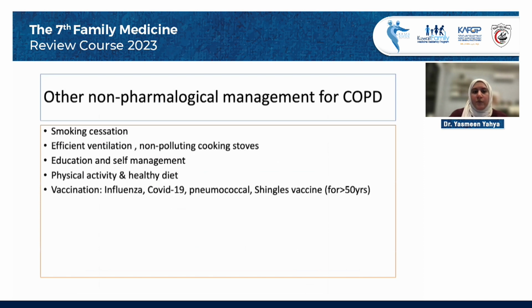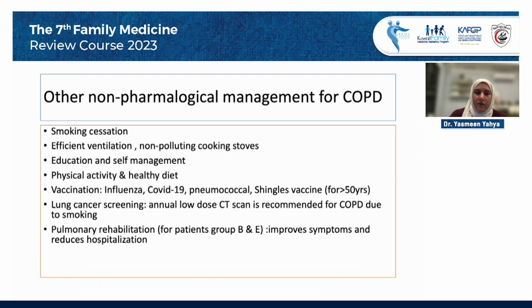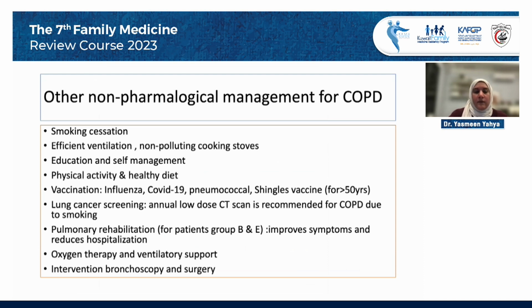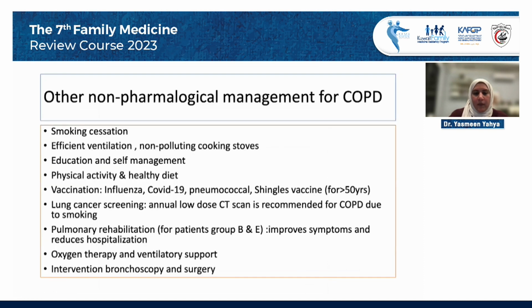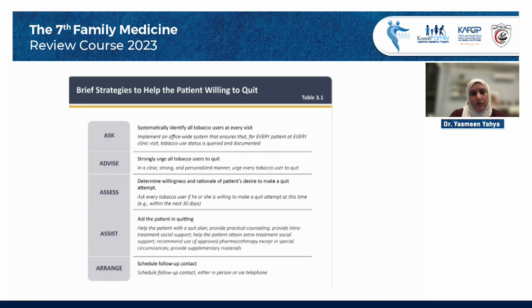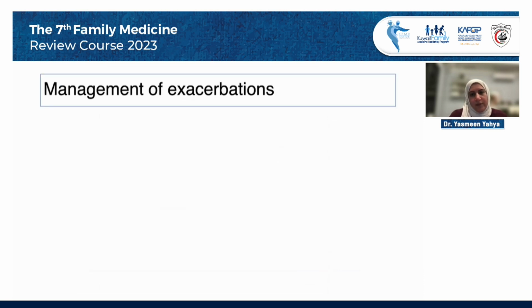Of course, you need to do smoking cessation and education for your patients, encourage physical activity and a healthy diet, vaccinations like influenza, COVID-19, pneumococcal, and shingles, and do lung cancer screening. Other patients can benefit from pulmonary rehab and oxygen therapy, and maybe some interventions like bronchoscopy. You know about the 5 A's to help patients to quit smoking.